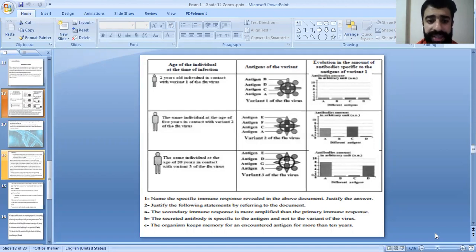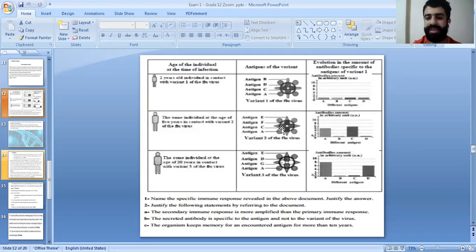Second, the same individual at the age of 5 years, after 3 years, in contact with variant 2 of the flu virus. Variant 2 contains antigens A and C. They are common with variant 1, but we have here E and F. If you see here, the amount of antibodies against A and C is higher than those for B and D. Why?